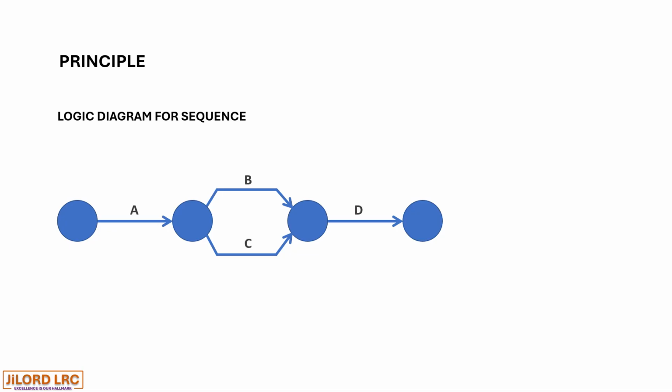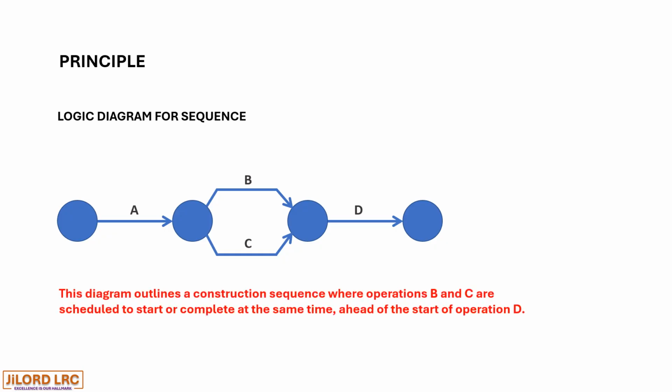These are four operations, operations A, B, and C, occurring at almost the same time, and operation D. This diagram outlines a construction sequence where operation B and C are scheduled to start or complete at the same time, ahead of the start of operation D.